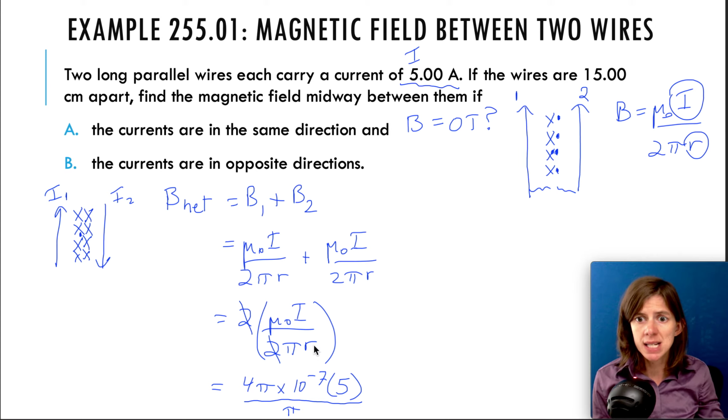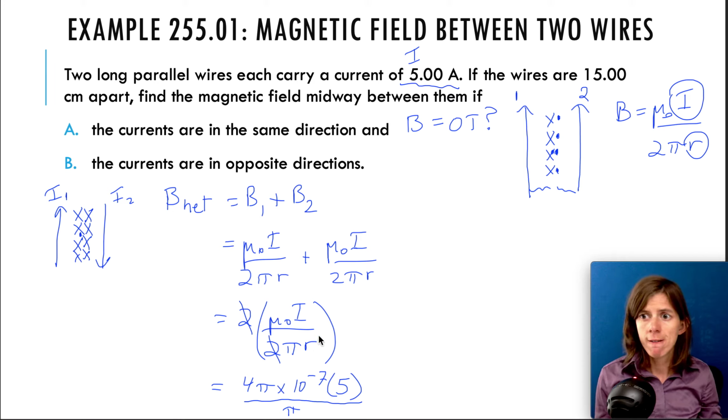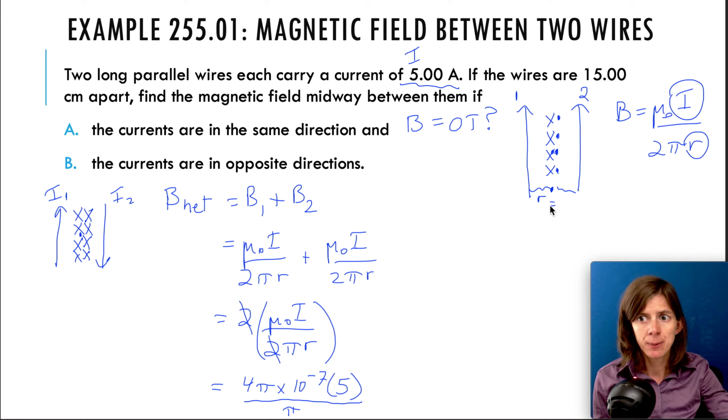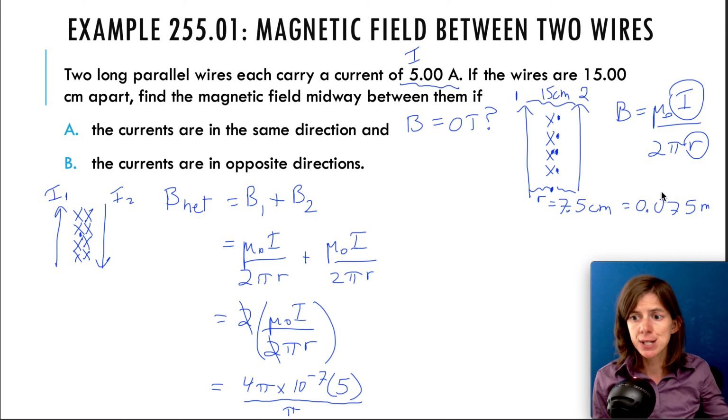And r is the distance. So it said that the wires were 15 centimeters apart. So r is that halfway point distance. That's going to be 7.5 centimeters because it's half of the total 15. But we want to go ahead and convert the r to meters. So 0.075 meters. All right.